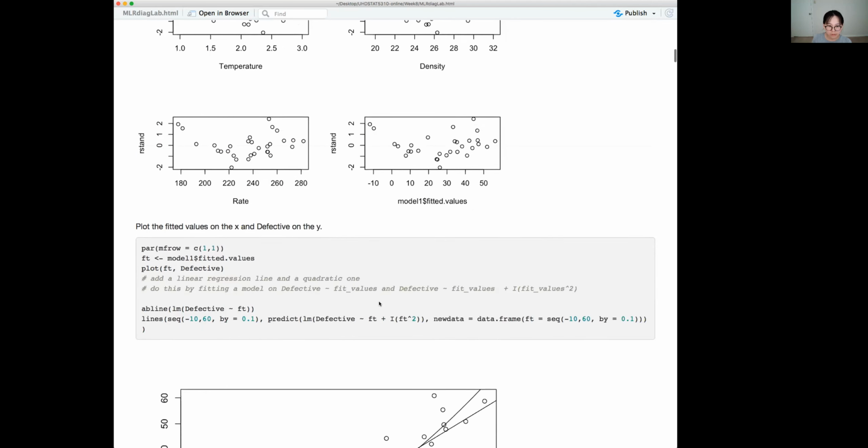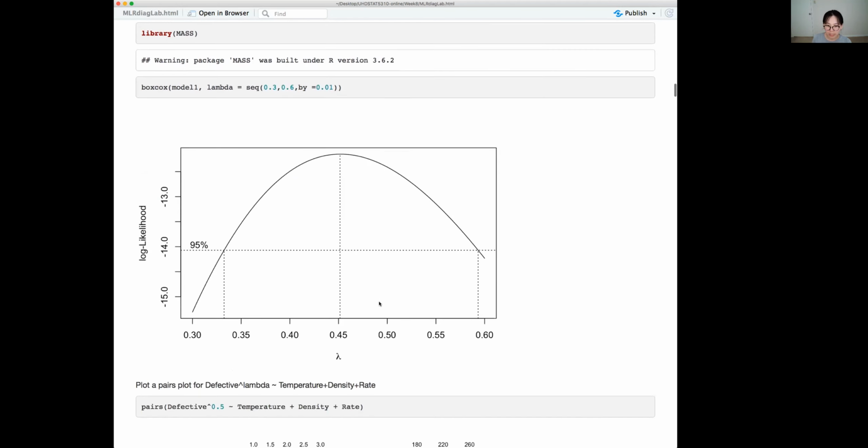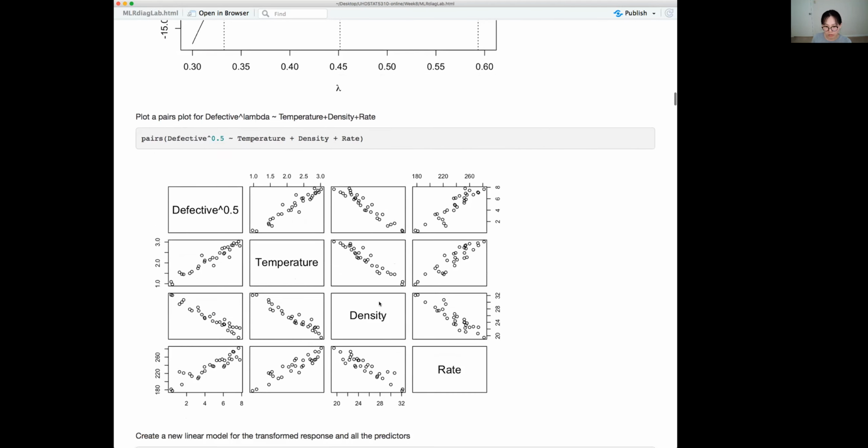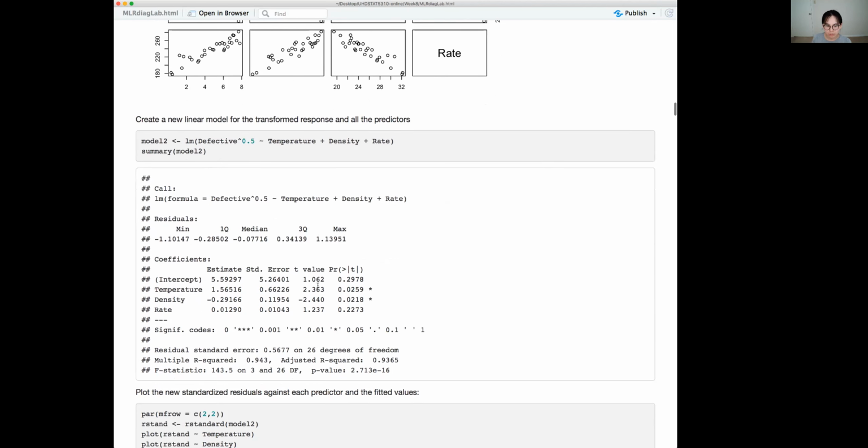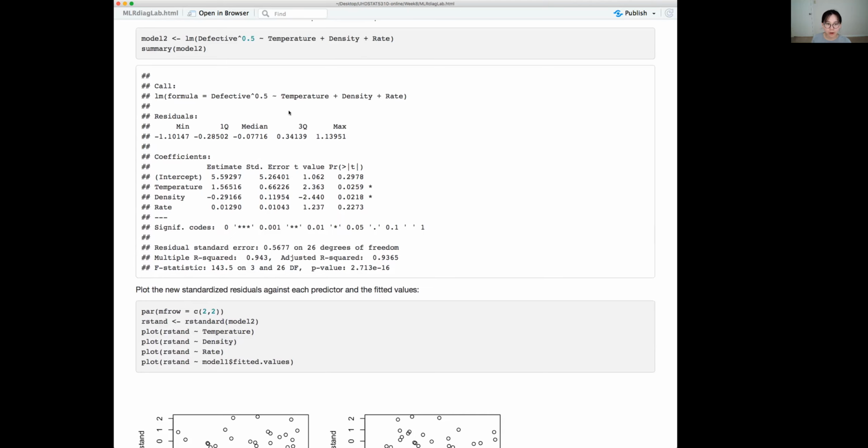I'm just showing you that if we do a transformation of y, we can increase the performance of the model. But this one has the problem of multicollinearity when we have these predictors being really highly correlated. But for this example, when we do the transformation, it shows a better model to us. Yeah, we'll talk about the multicollinearity later.